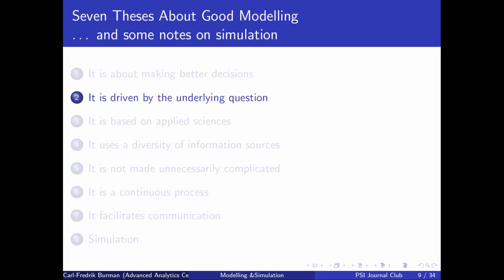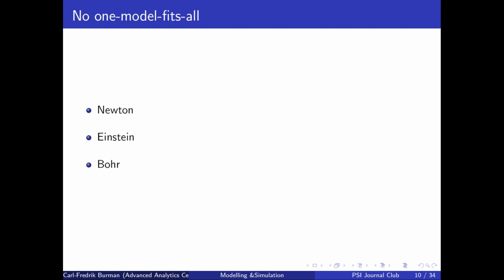Related to this focus on decisions is that modeling should be driven by the underlying question. In physics, we use quite different theories depending on what kind of technology we're developing or what kind of questions we're answering.